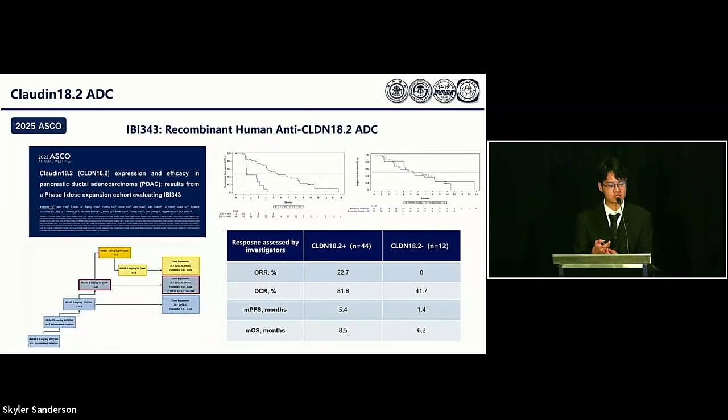The ORR in the positive group is 22.7%, while it is much lower in the negative group. These results demonstrated that IBI343 may have encouraging and selective anti-tumor efficacy for Claudin 18.2 positive patients.